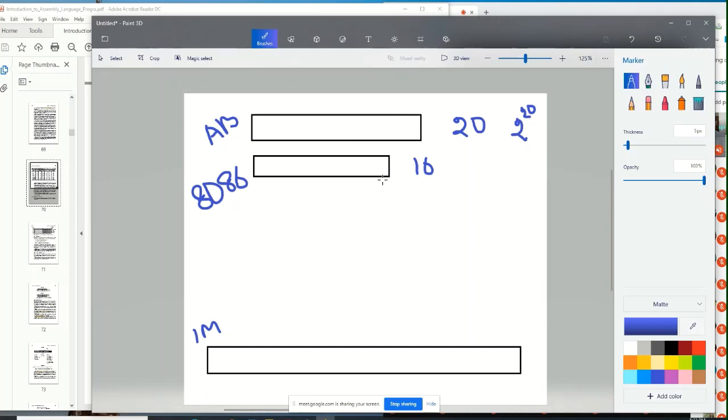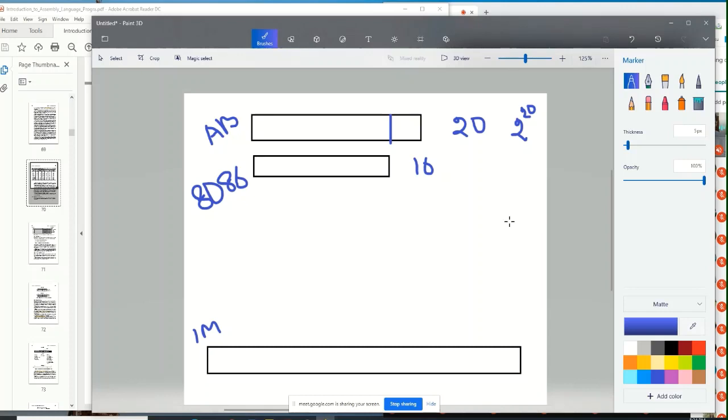The problem is, if you have a 20-bit long address, we can have 2 to the power 20, 1 megabyte, no problem. But whenever you try to store this 20-bit address of the memory into the 16-bit register, it is really not possible, because you can store only 16 bits of it. You can save that part, but how about the rest? You cannot save it. It will be an error.